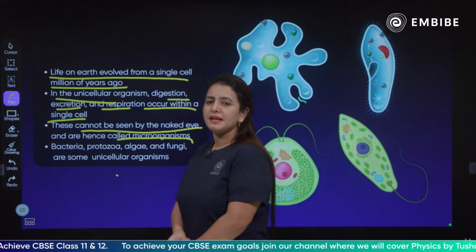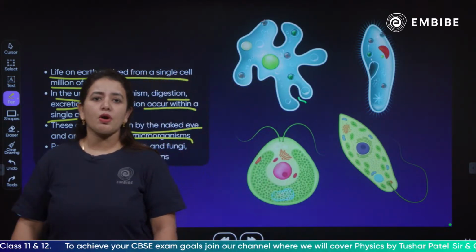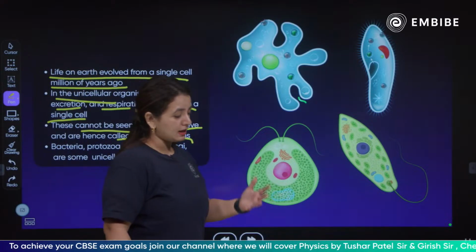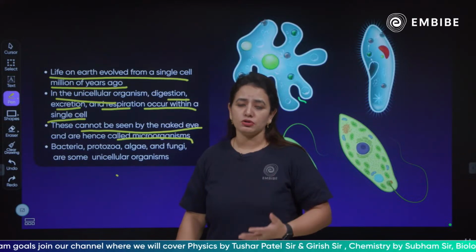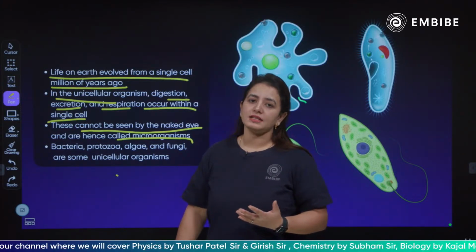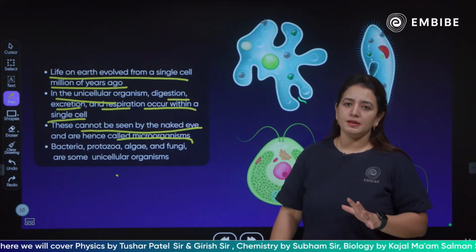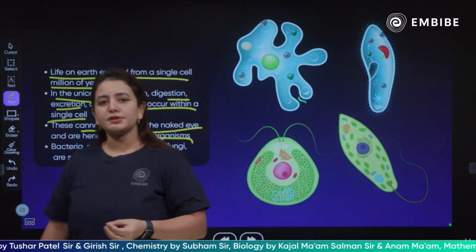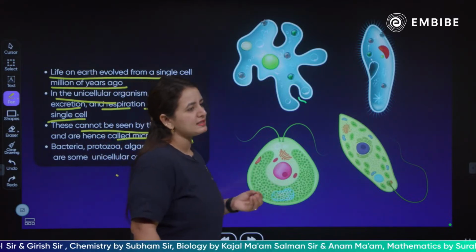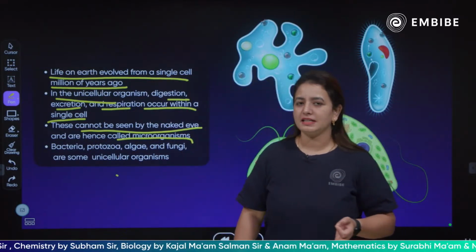We need microscopes to see these organisms because they are not visible to the naked eye. They are absolutely tiny, single cells. Very simple to accept.